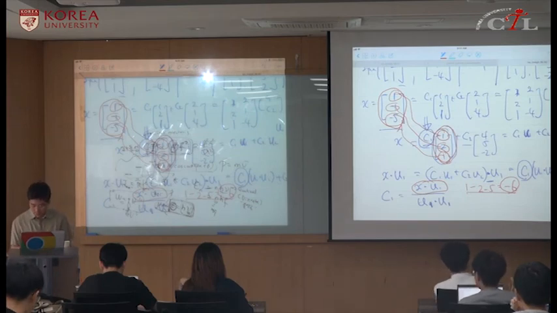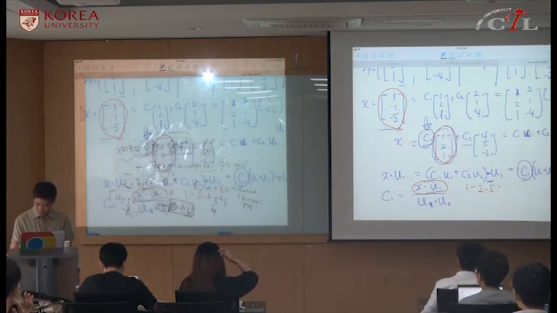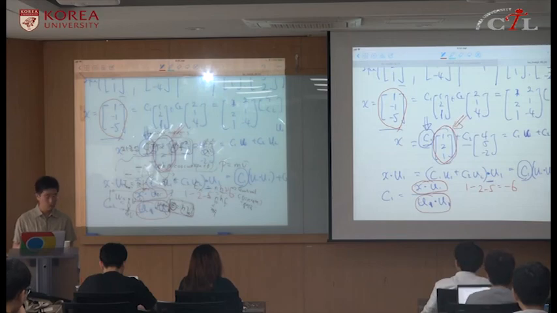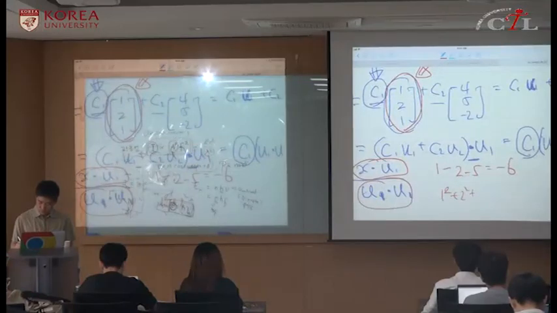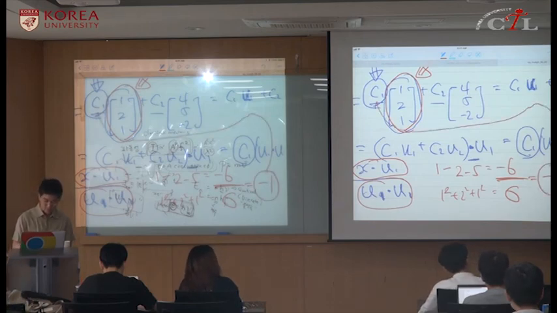So this is the inner product of x and U1. What about the denominator? The denominator is just the squared length of this vector: 1 squared, 2 squared, and 1 squared, which gives 6. So it is negative 1, and that is C1.